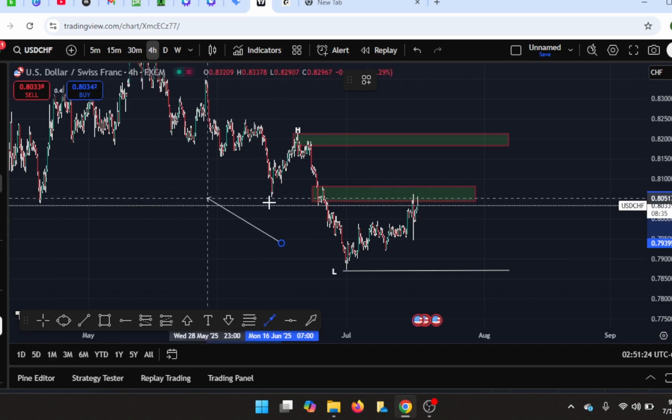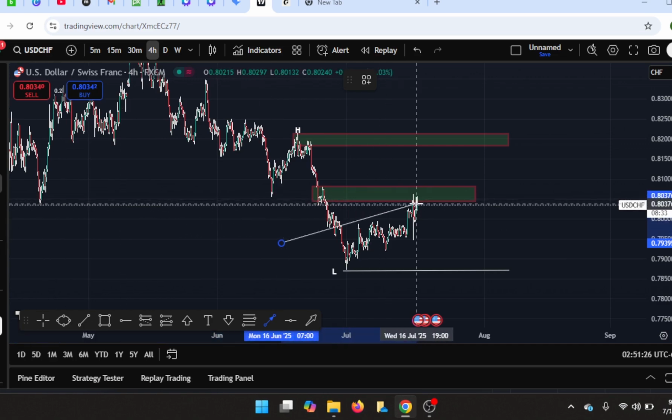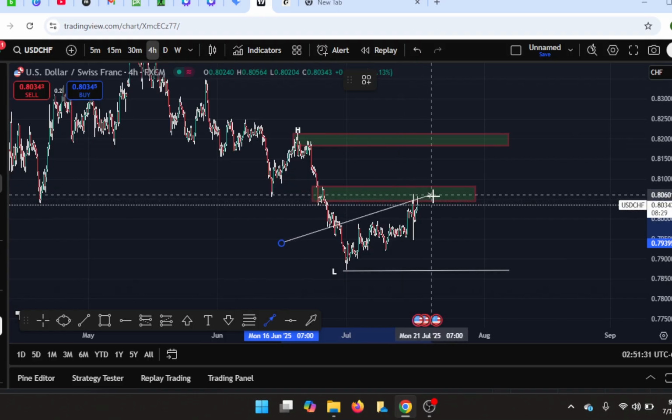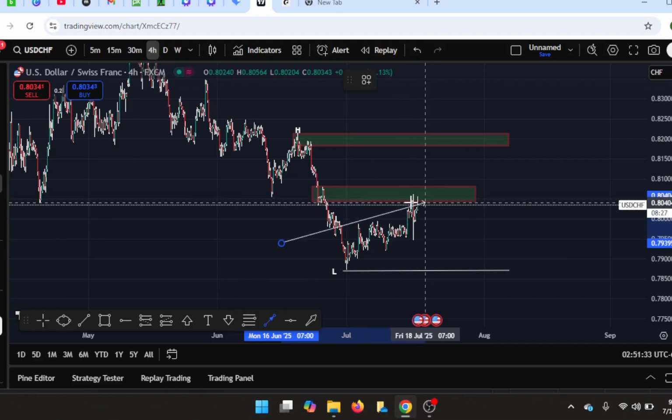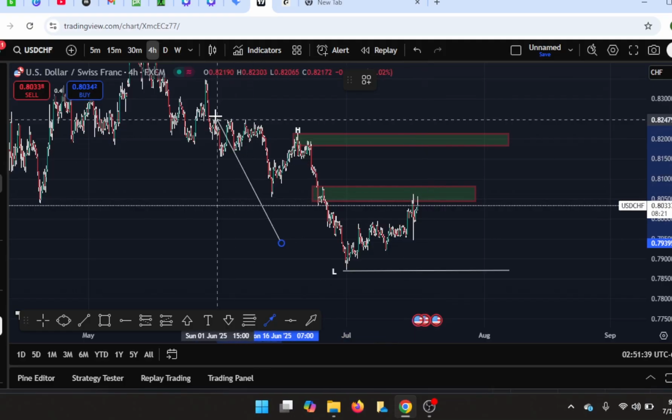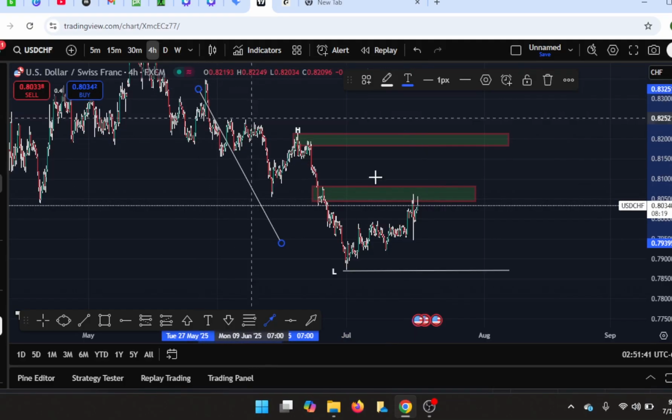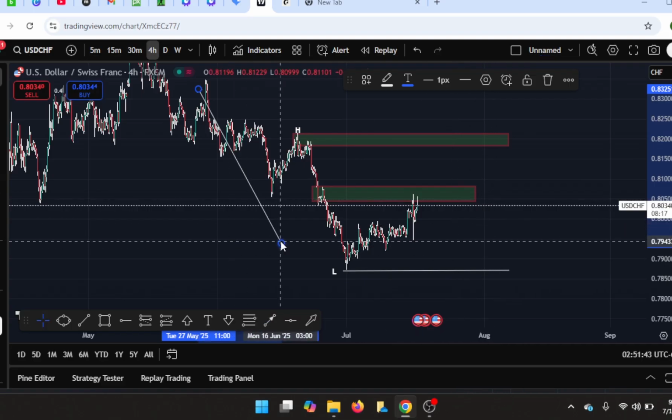They know quite well that we'll be looking to take entry at this key zone, which is a confluence zone. We all know what confluence is. If you draw a trend line around that area, you can see a trend line.